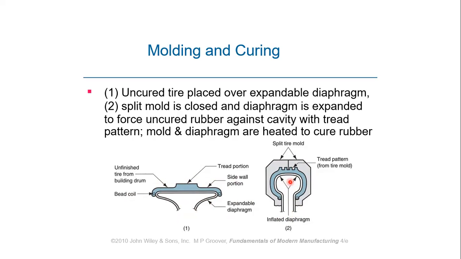And under pressure you do the curing. You heat it up to 140 degrees Celsius, and then you keep it for some time, and then you will get the final shape of the tire. And that is how you make the tire.